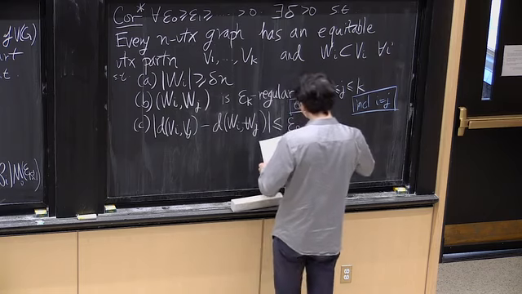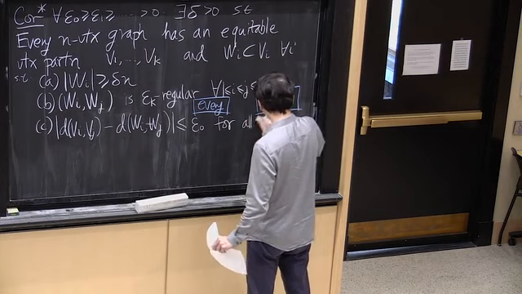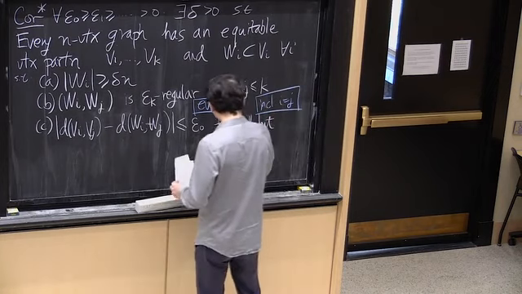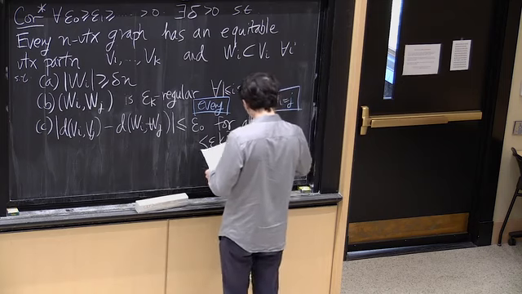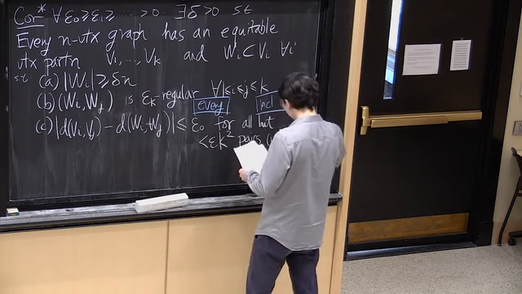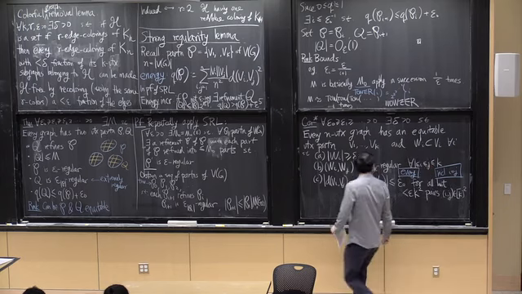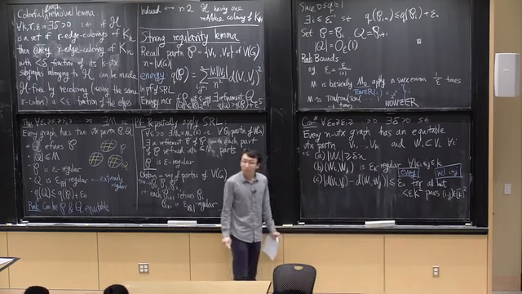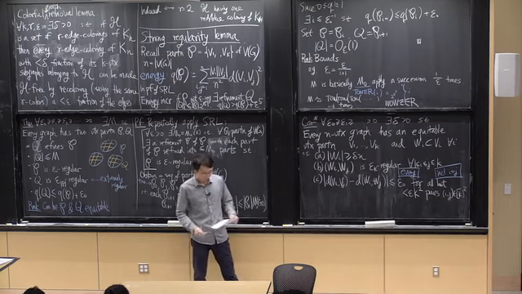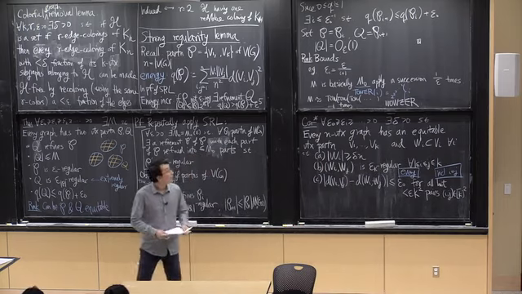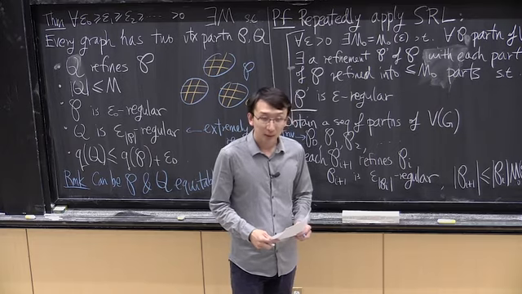And here it is for most pairs, for all but at most epsilon_0 k squared pairs. Any questions about the statement?